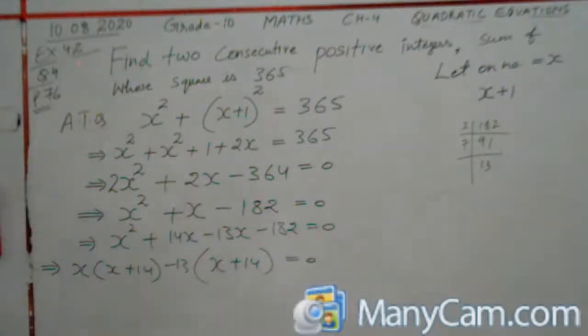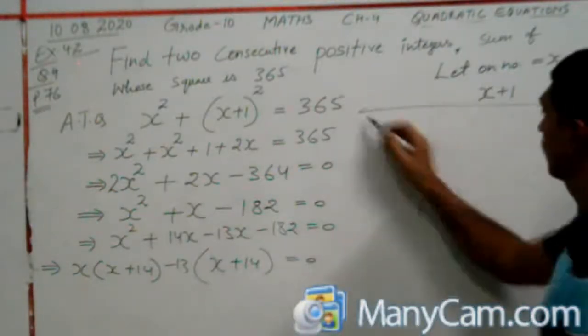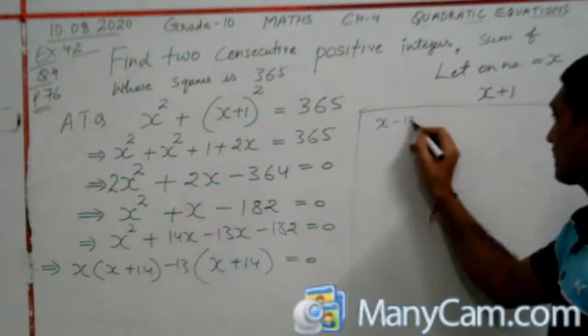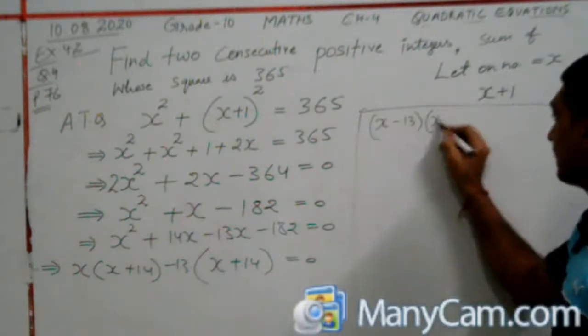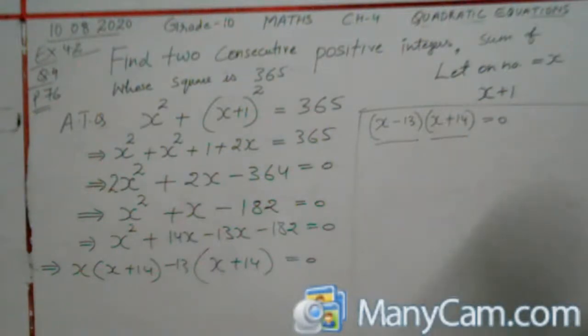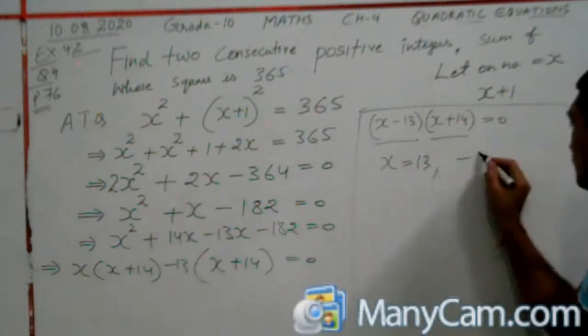What does it say? It says that (x minus 13) into (x plus 14) is 0. One of them is surely to be 0. To find roots, either x is equal to 13 or x is equal to minus 14.